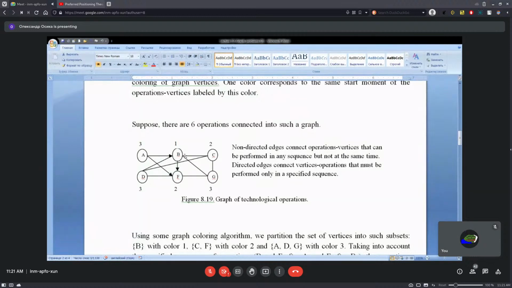For example, here, 1, 2 neighboring, their labels are different. And C, G, neighboring, the labels are different. So one thing is to use different colors for neighboring vertices, and another thing is to use the minimum possible number of colors.